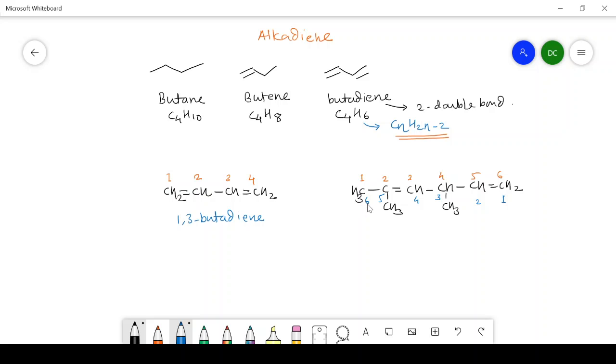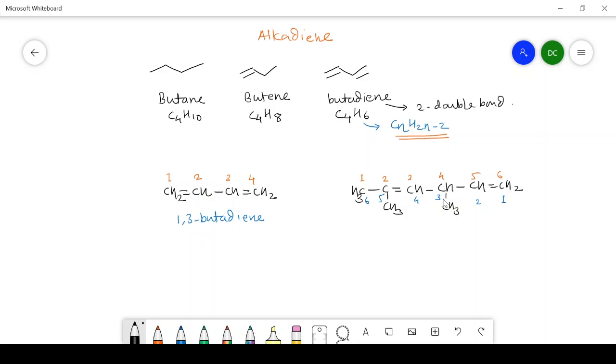So from both sides, we have given numbers 1 to 6. Out of these, one numbering is correct and one is wrong. If we consider the numbering from this side, then this double bond has the second number, whereas from this side, this double bond has the first number. That's why numbering from this side is correct, and accordingly we will give the name to this compound.